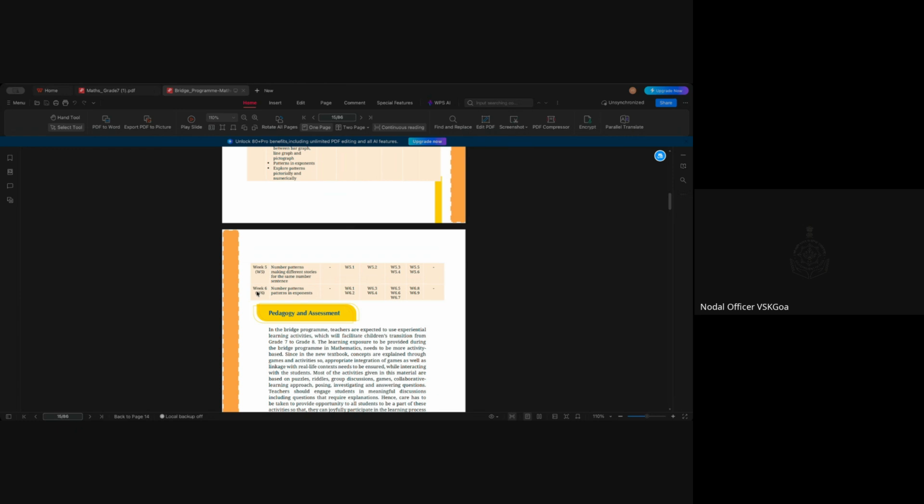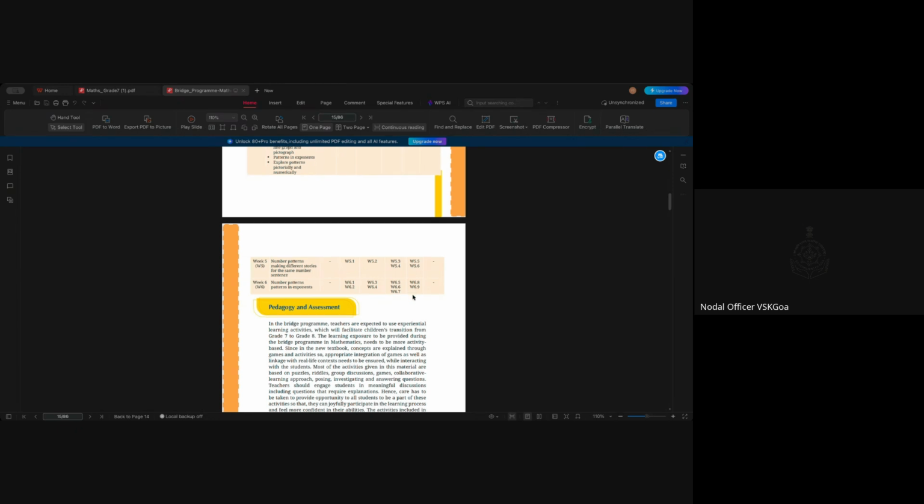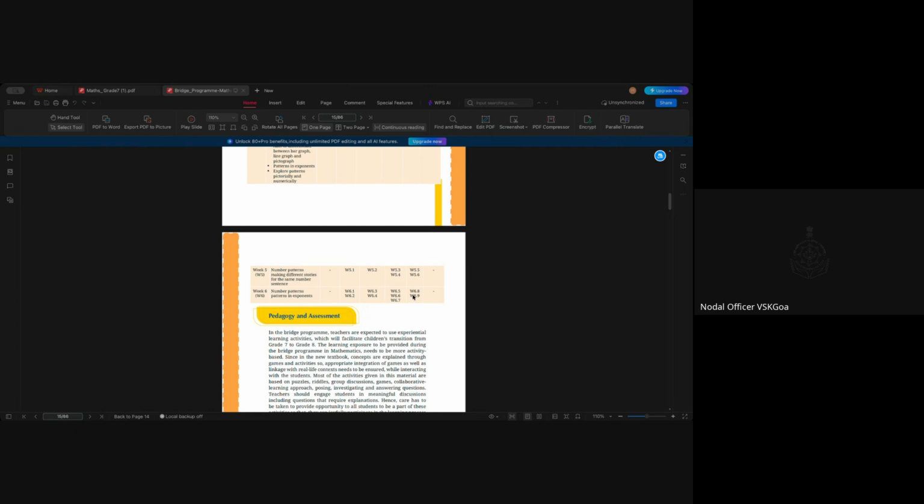So as I mentioned to you all, only in week 6 you could see there are 9 activities, but otherwise you have just 6 activities per week to do. But again, it is not necessary that you cover all the activities, but see that you cover as many activities as you can, and if more activities are remaining, in the month of June, you can do these activities when you go for a substitution lecture.